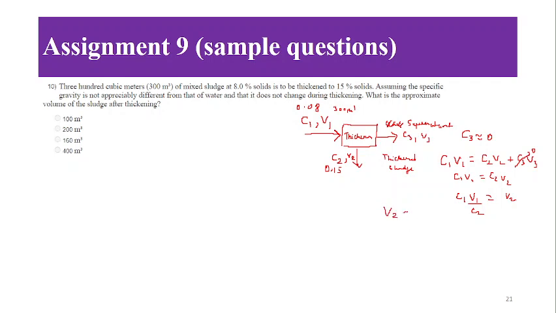So V2 will be 0.08 into 300 upon 0.15, which comes out to be about 160 meter cube. So the correct answer here is 160 meter cube.